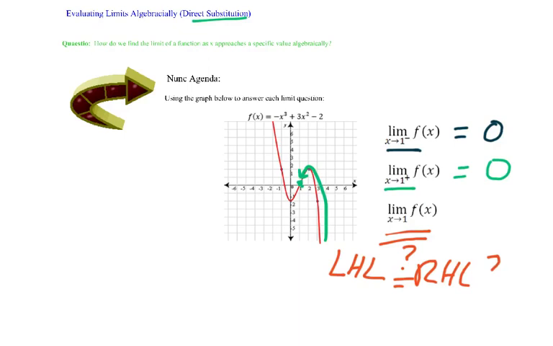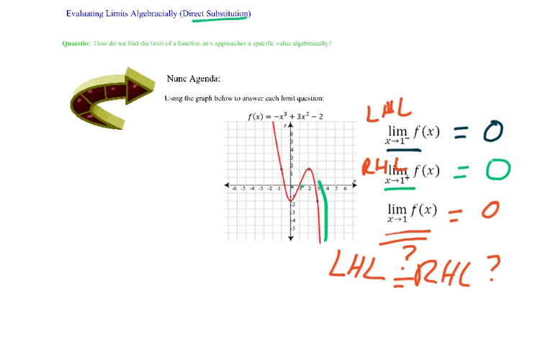Those are the two things you just found. This was the left-hand limit, and this was the right-hand limit. Because those two values were both equal to 0, my overall limit is also 0. It exists and it is 0.